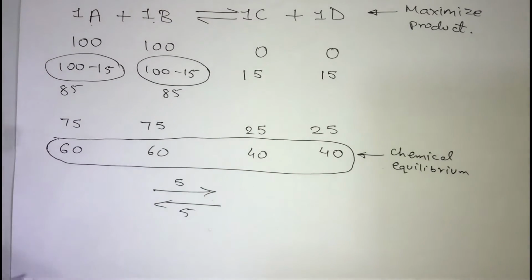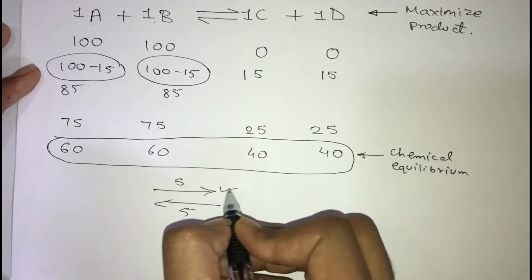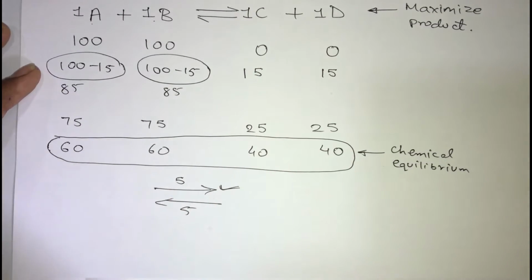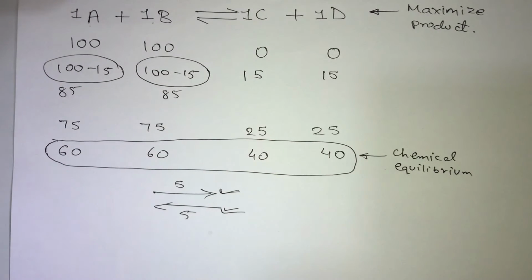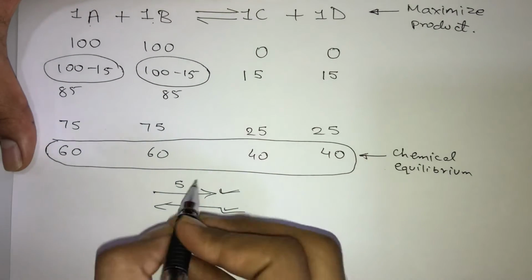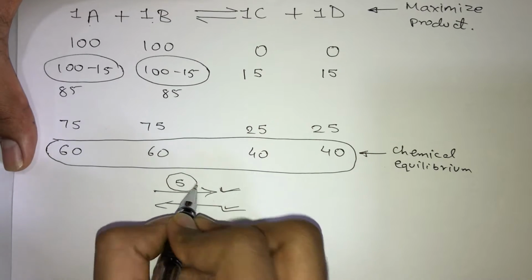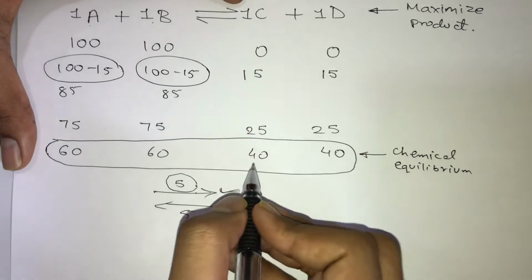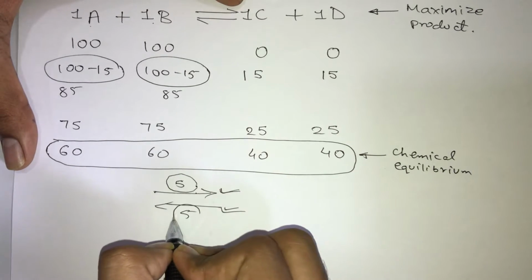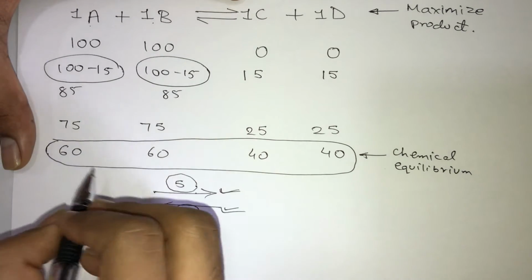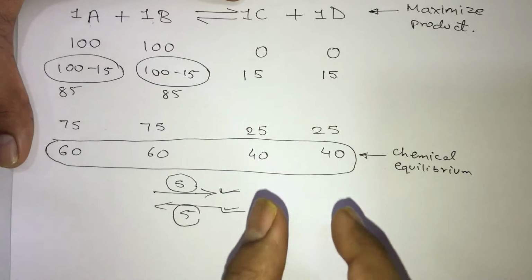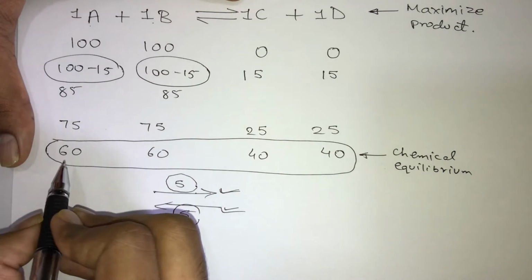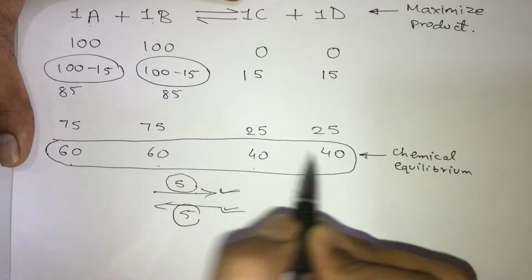So here can I say that when 5 moles of C and D is created, we are also getting 5 moles of A and B. So guys, can I say over here that same amount of A and B is getting converted into C and D, and same amount of C and D is also getting converted into A and B. So here can I say, since same amount of products are being produced, the number of moles are not going to change.